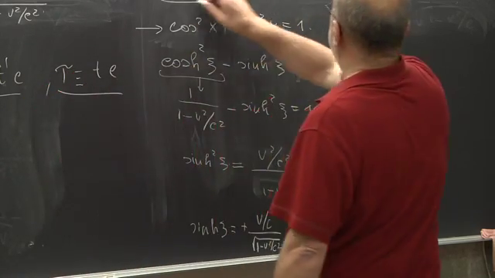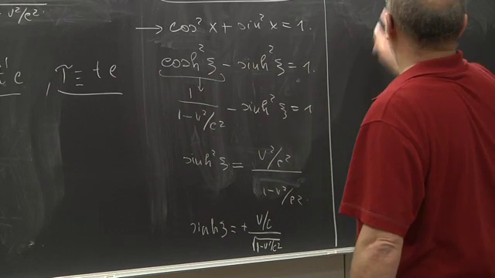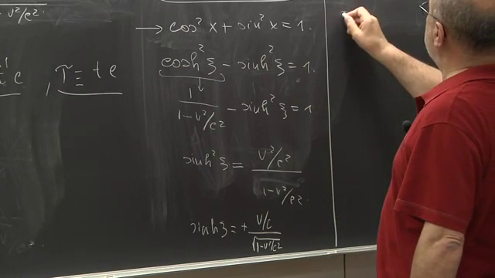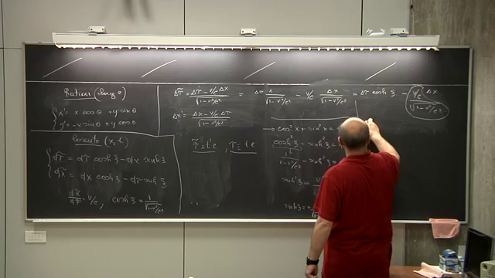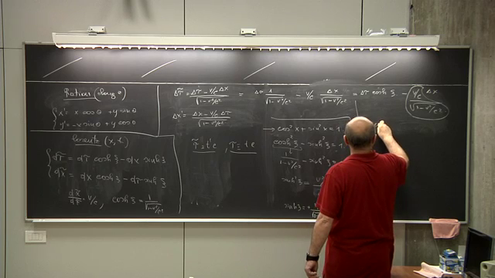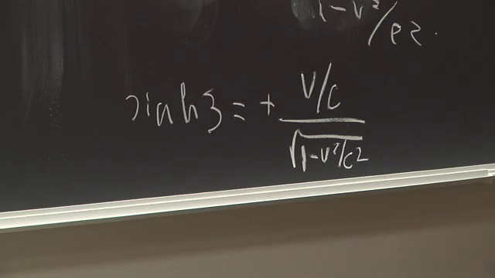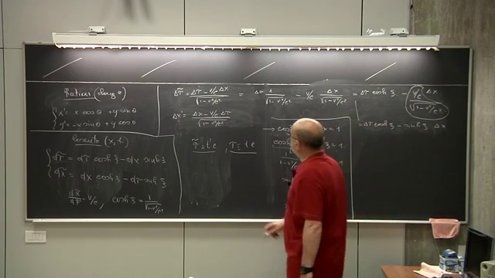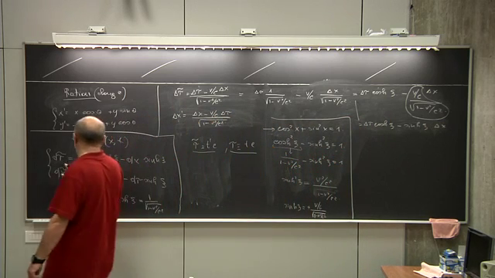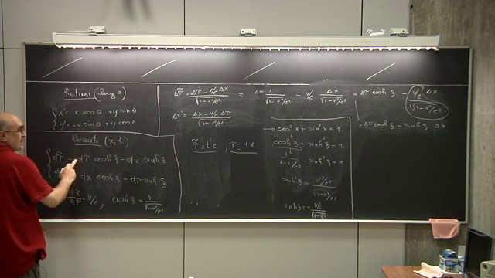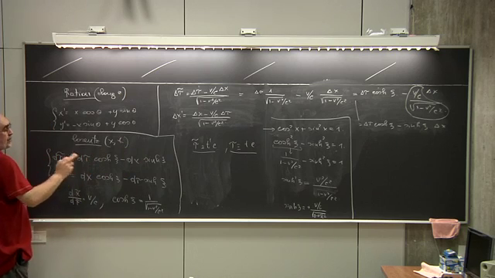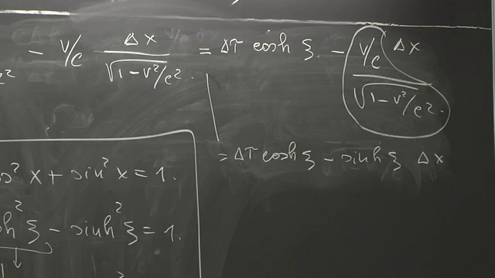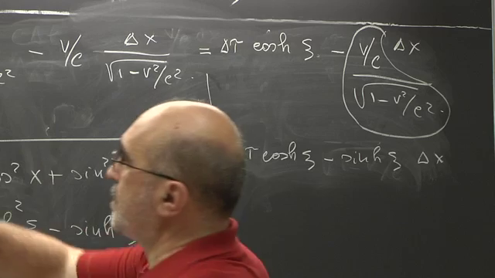And then, having done that, I can rewrite this as equal to delta tau cosine hyperbolic psi minus sine hyperbolic psi delta x. So the first relation is proved. Instead of using d tau and dx, I use delta, but it doesn't matter. So I have proved the first relation.